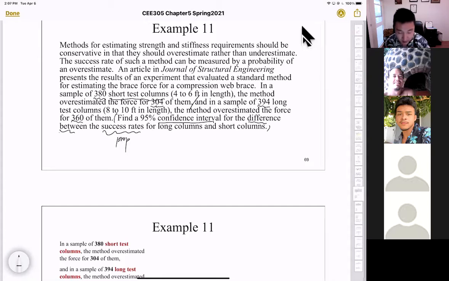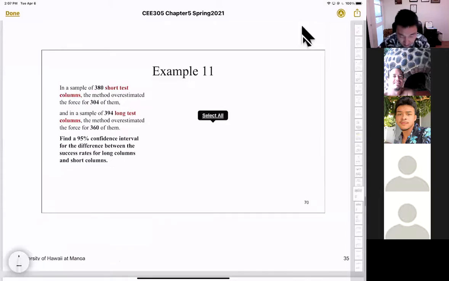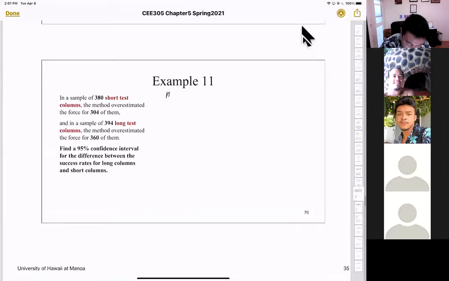So it asks for the difference between these two proportions. Let's set up the equation for nx and ny. Define nx as for the short test columns. nx is 380, so we have 380 samples.